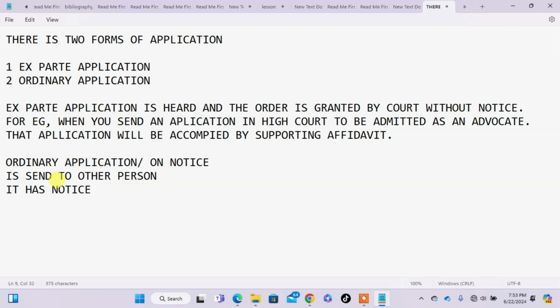It is sent to another person, it must have a notice, and it must have a supporting affidavit.